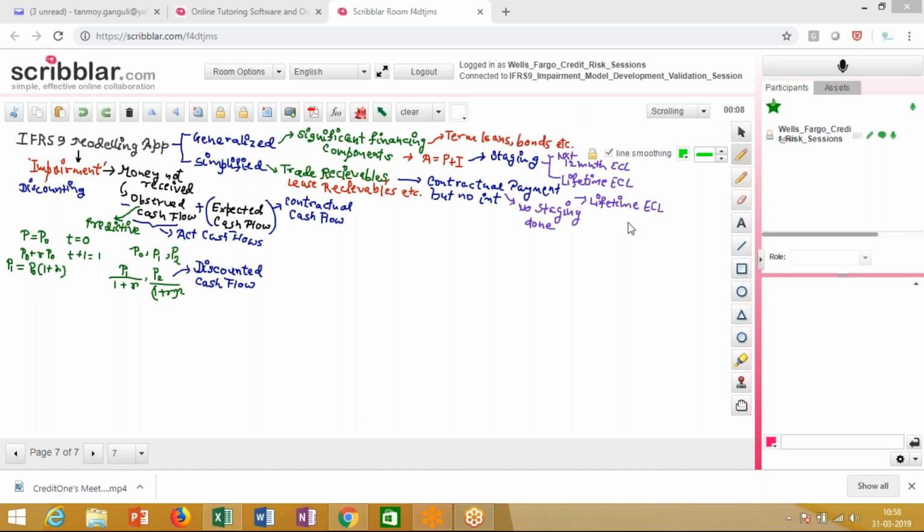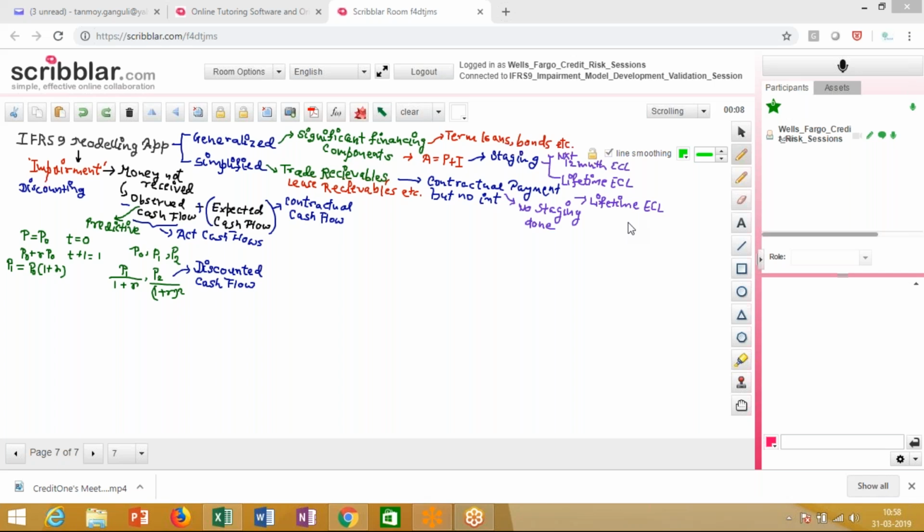Some asset classes have a financing component attached to them in the form of interest rates, so when your contractual payment involves both interest and principal, we use the generalized approach.